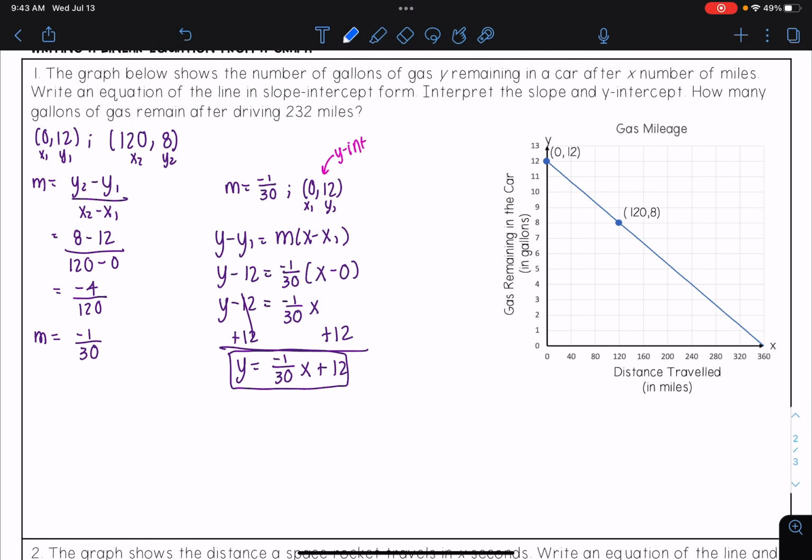Okay, the next part says to interpret the slope and y-intercept. So here it's important to know what my x stands for and what my y stands for. So first, my slope, negative 1 over 30.